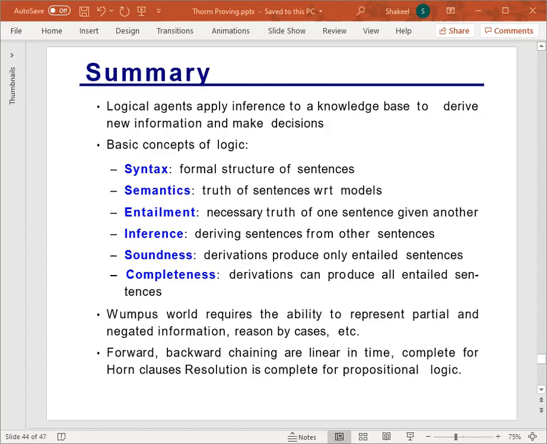Logical agents have pros and cons. They are still used in some applications today, but the problem with logical agents is that they don't handle uncertainty. Hence, the use of probability more and more in AI. It is completely rule based, which means it does not use any kind of data to model the world, while learning addresses this point and uses data to make inferences or to make models.